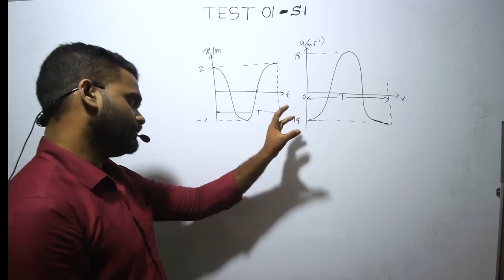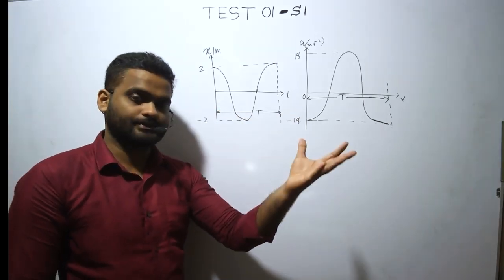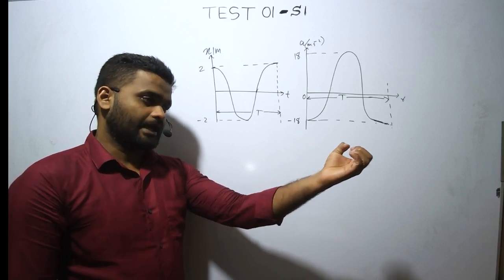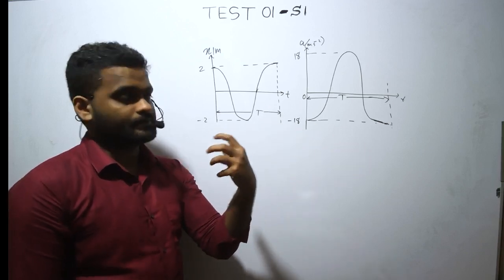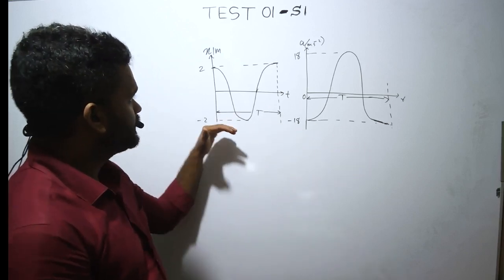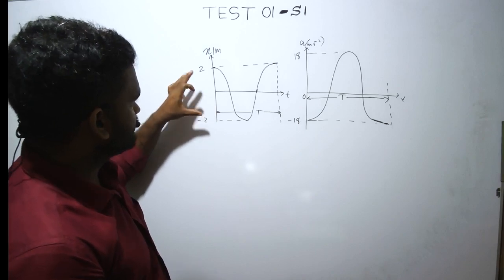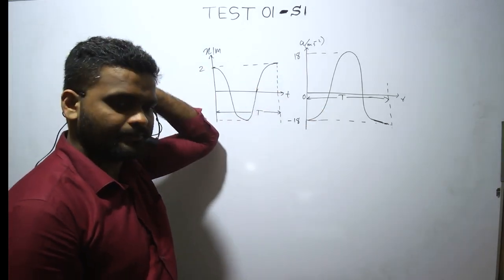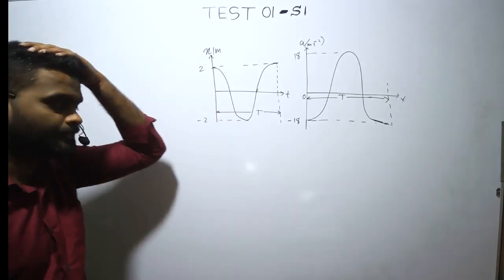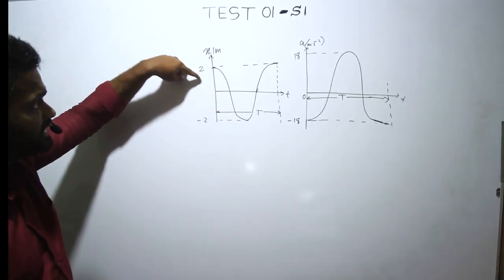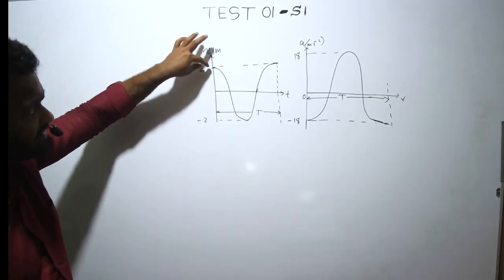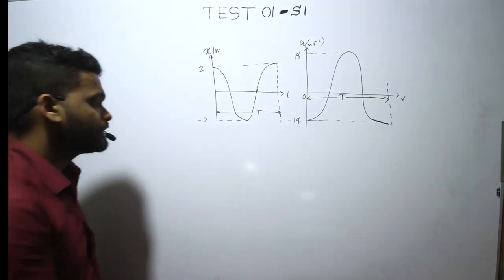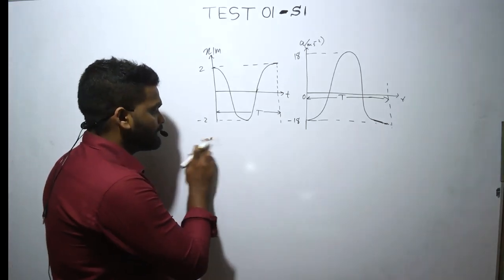But for this question, you don't have to consider those. You need to be able to grab details from those graphs. So according to the graphs, the data given are these 2, 2 and -8 and 18, right? So what are those? You can say this 2 is the maximum displacement, right? So it is amplitude, okay?